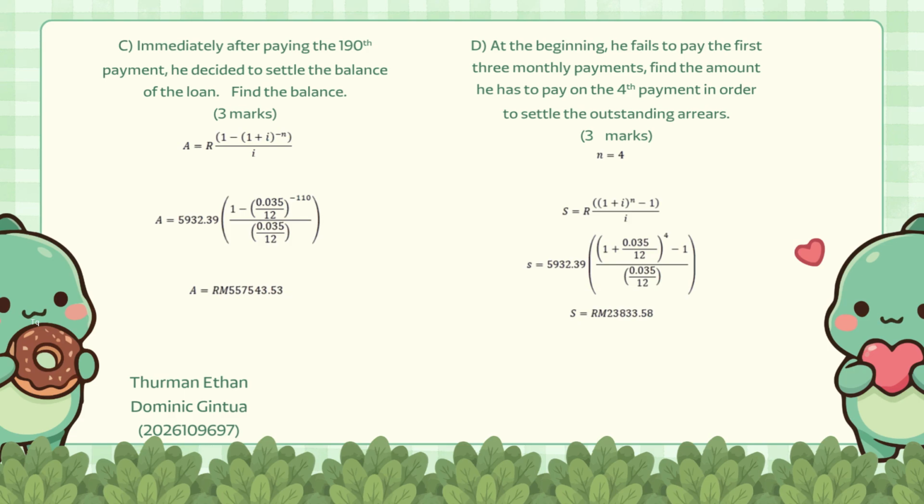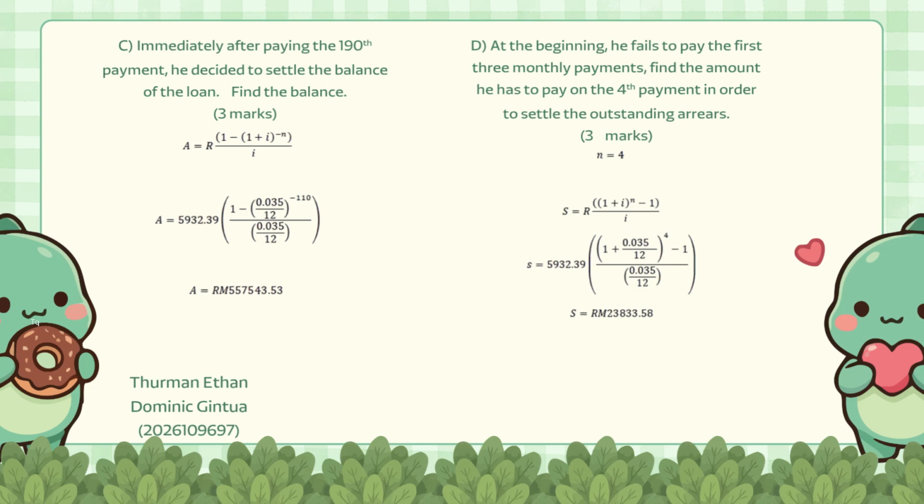This gives us a final lump sum settlement balance of 557,543.53 ringgit.